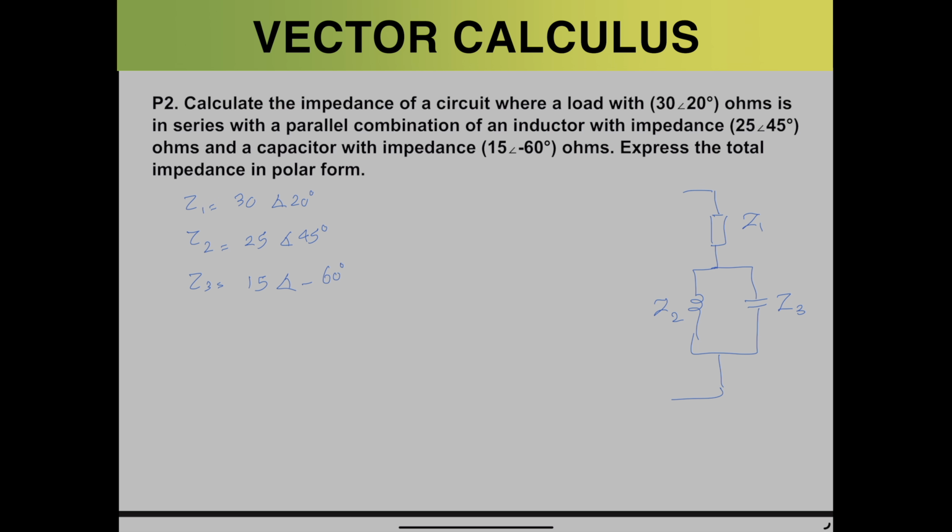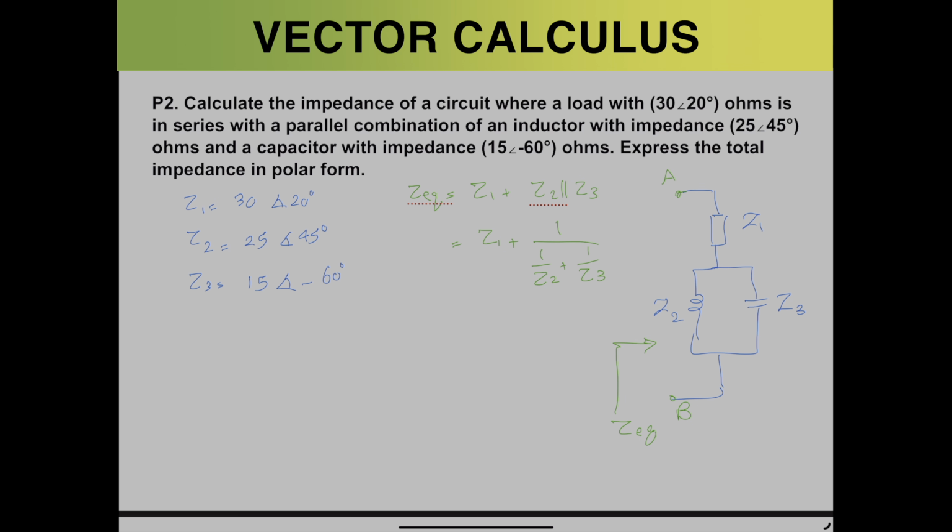Essentially, when we are going to find the equivalent Z, looking from the outside, or Z equivalent from these two points A and B, Z equals Z1 plus the parallel combination of Z2 and Z3. If you want to simplify that, it essentially is Z1 plus 1 over the sum of 1 over Z2 plus 1 over Z3.